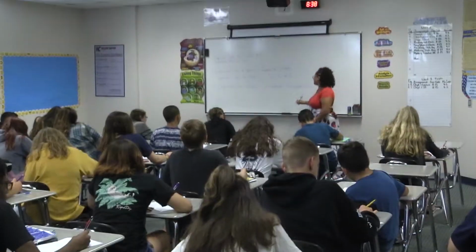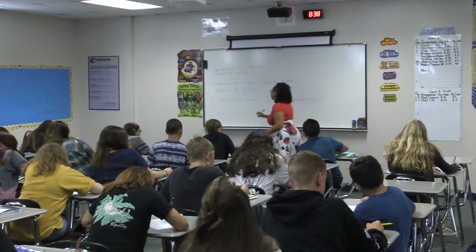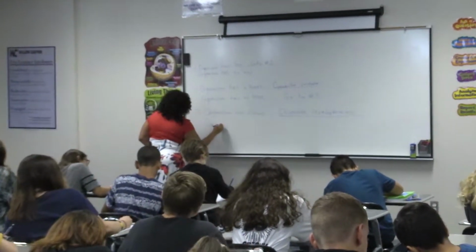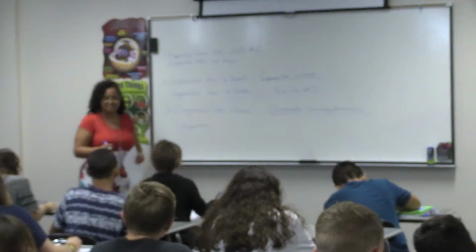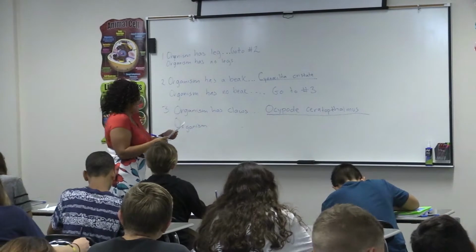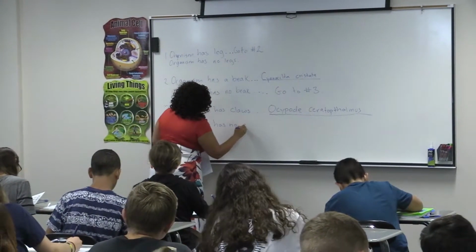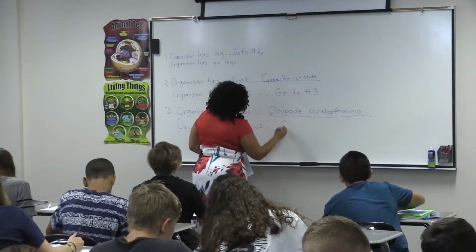No, we call each other by the name. I think they prefer it when you call them by their name, right? Okay, organism has no claws. Go to number 4.